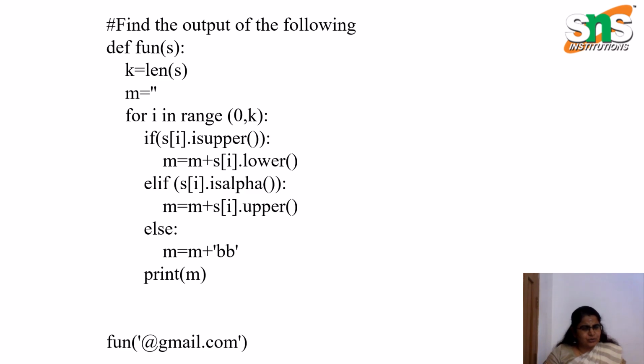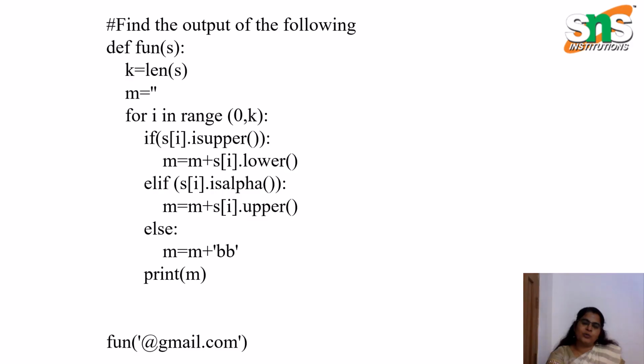When the condition is true, it will follow the if statement. If s[i] is lower, m is equal to m plus s[i].upper. Else if s[i] is alpha, m is equal to m plus s[i].lower. Else m is equal to m plus bb. Print m. I am going to call the fun function here with gmail.com.